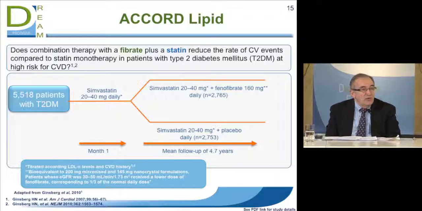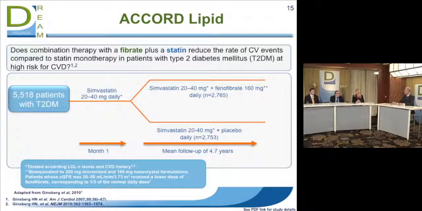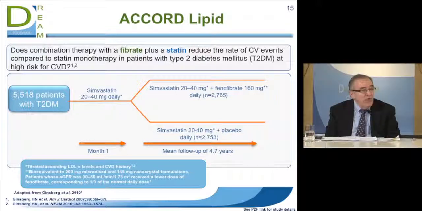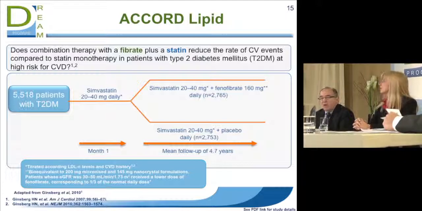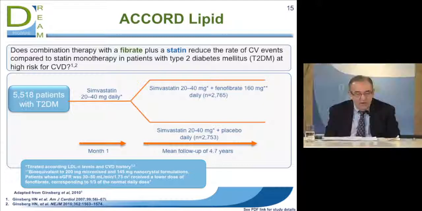Well, as you mentioned, the diabetic population has a markedly increased cardiovascular risk burden. And even after reaching LDL goals in all of the trials, diabetics always have higher event rates. And so in the ACCORD lipid arm of the overall ACCORD trial, the specific question was whether the combination of a fibrate with a statin would reduce cardiovascular events compared to a statin alone.